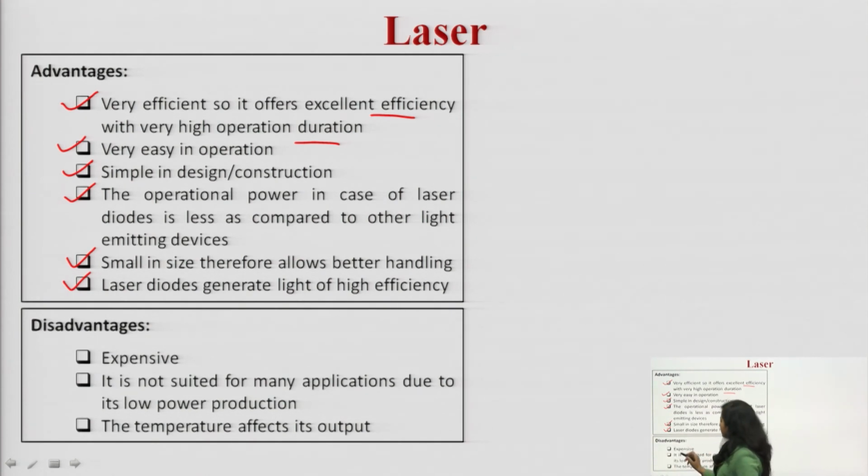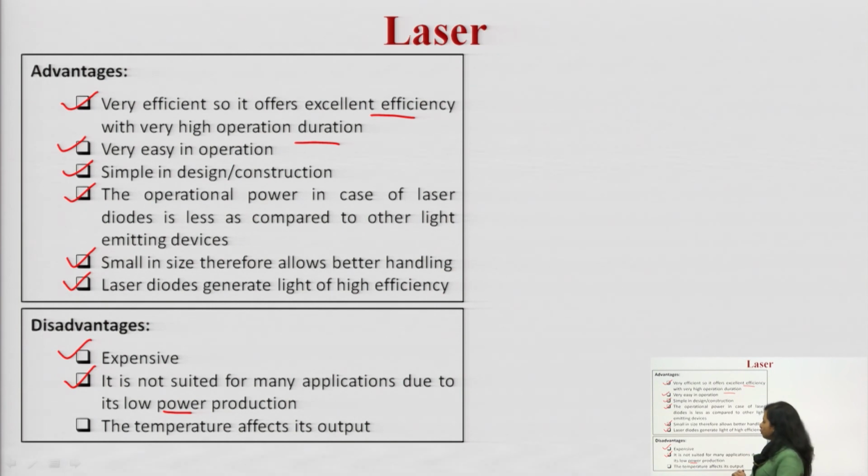Some of the disadvantages: it is expensive. This is a very important reason, and it is not suitable for many applications because of low power production. Since it produces low power, even if you increase the intrinsic region very high so that recombination takes place accordingly, there are many applications which require high power production.